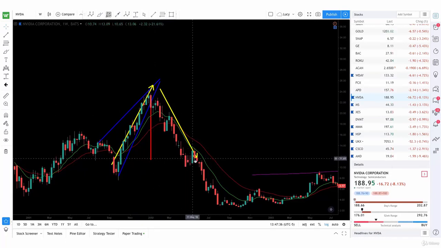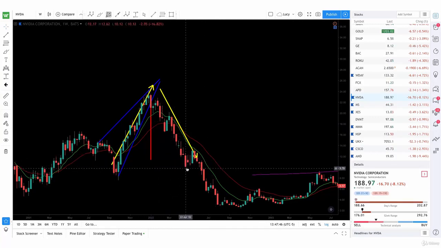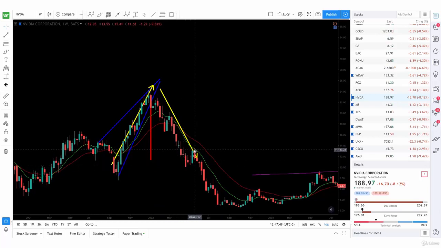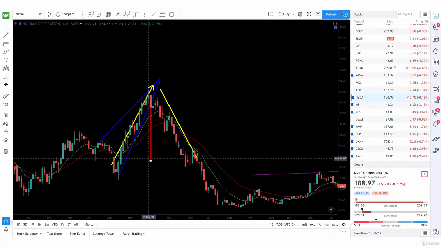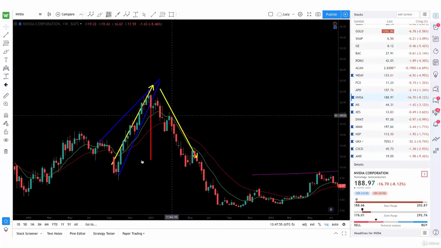It actually overperformed and went even lower than that, but as always, you want to take profits while they're there, because the market could actually reverse after that, which it did a little bit. It tried to reverse here, but it wasn't able to fully, so it kept dumping down. That will be your target for this pattern right here.